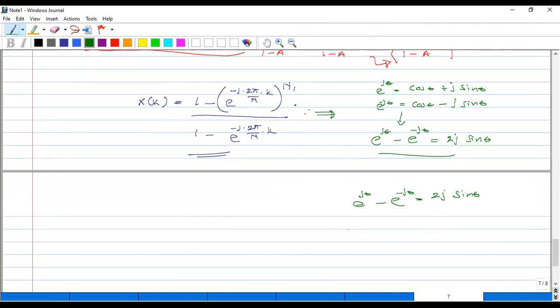So here it is 1 minus value, no. To make that one I will take out this e to the j theta value. So I have e to the minus j theta. If I take this e to the j theta out, this will be 1 and this will be 2j theta, no?